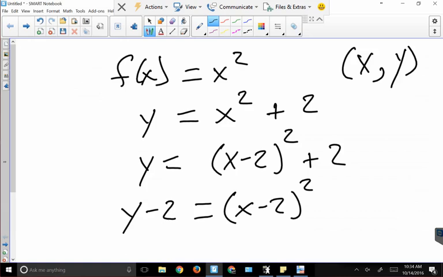If you remember back a little earlier in the year when we were trying to identify where a vertex was, it would have been x minus h, parentheses squared, plus k.